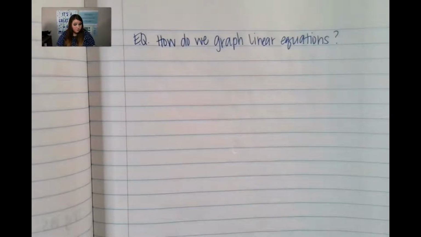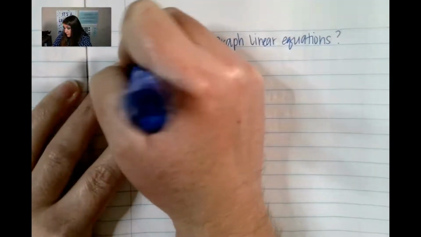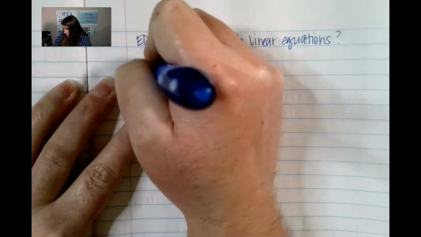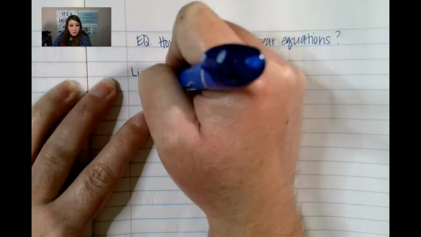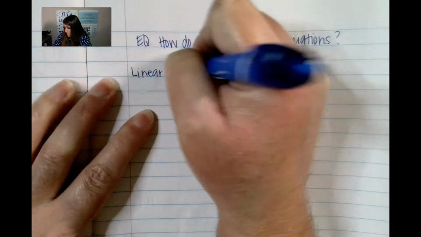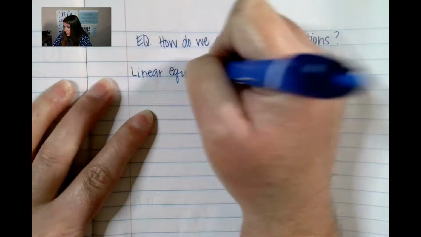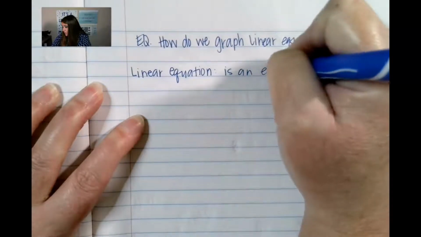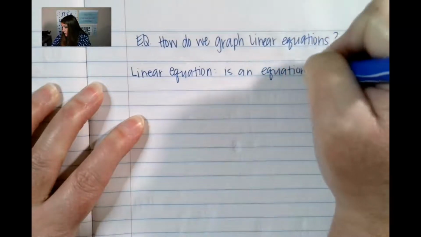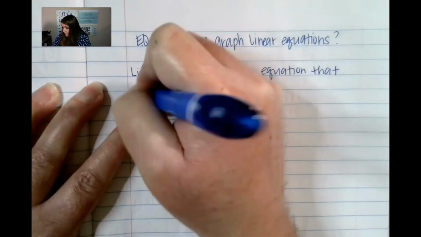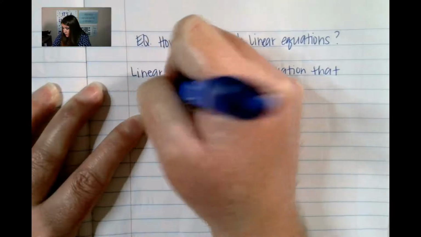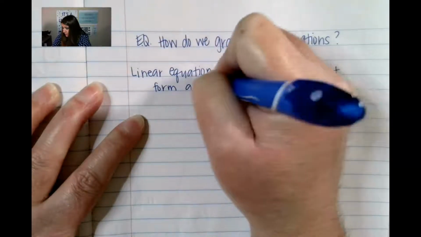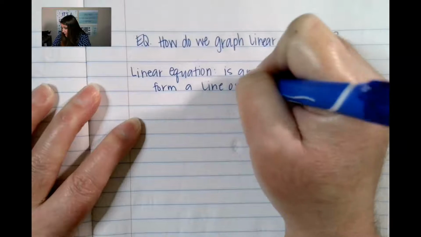that you have created. So a linear equation is an equation that forms a line on a graph.